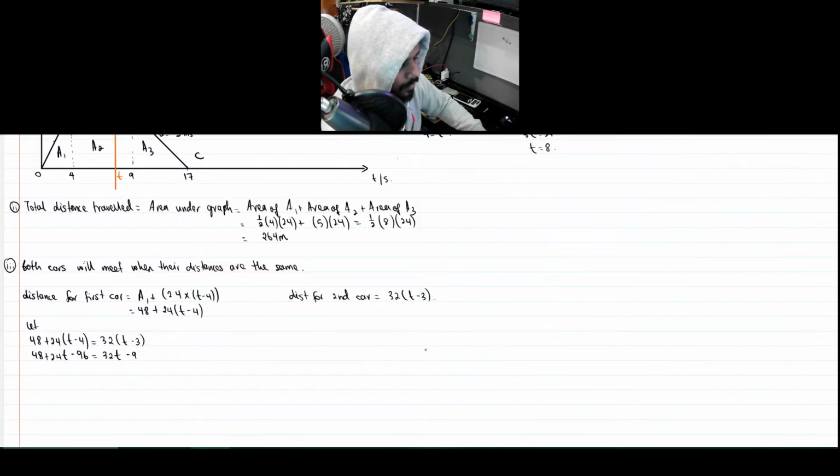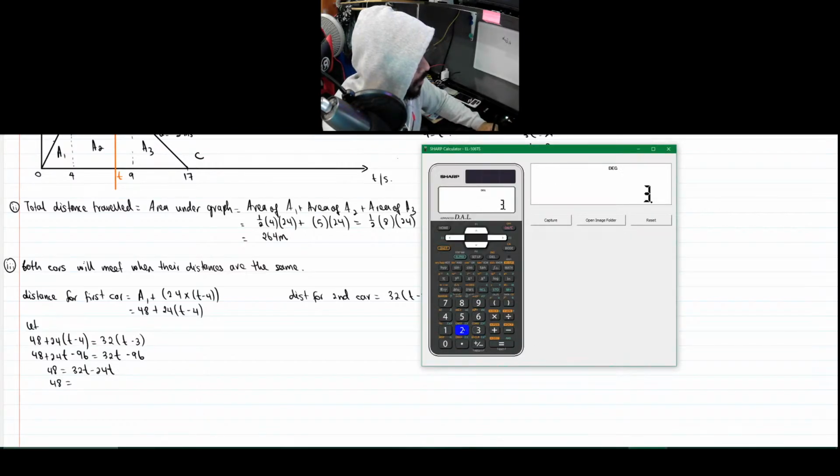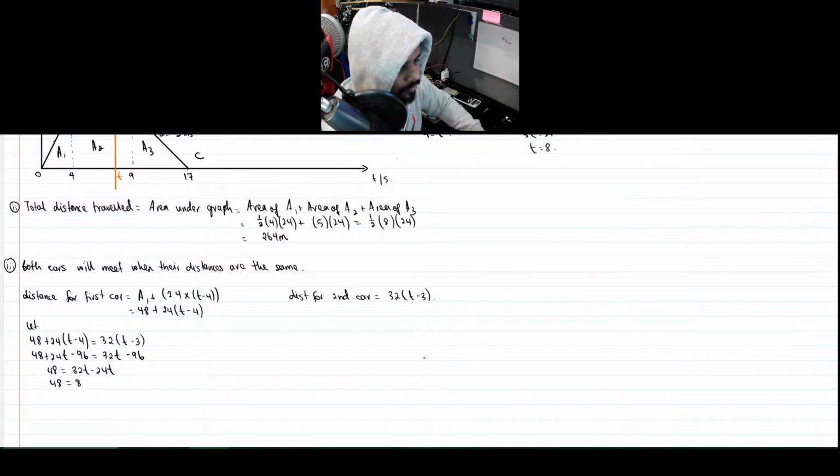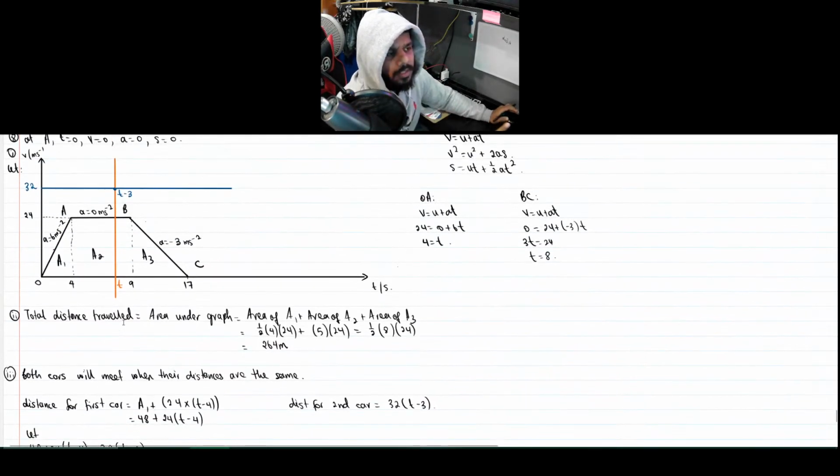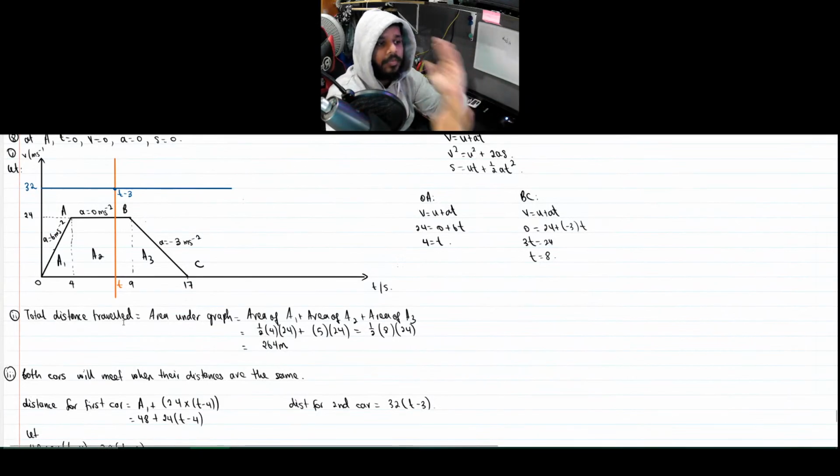The 96 cancels out, so I get 48 is equal to 32t minus 24t. 48 is equal to 8t, and t is equal to 6 seconds. So when t is equal to 6, both cars meet, and you can see that when t is 6, that is actually between 4 and 9.